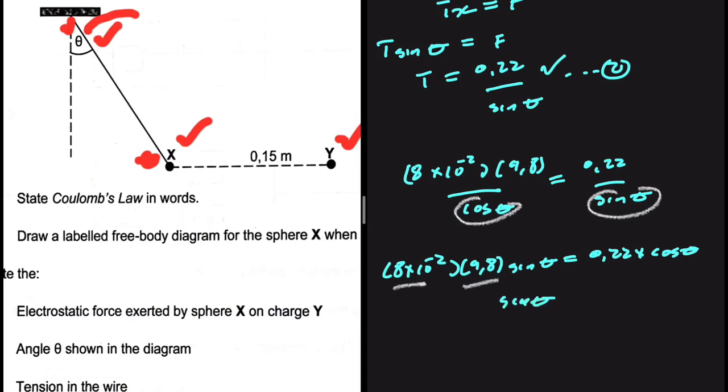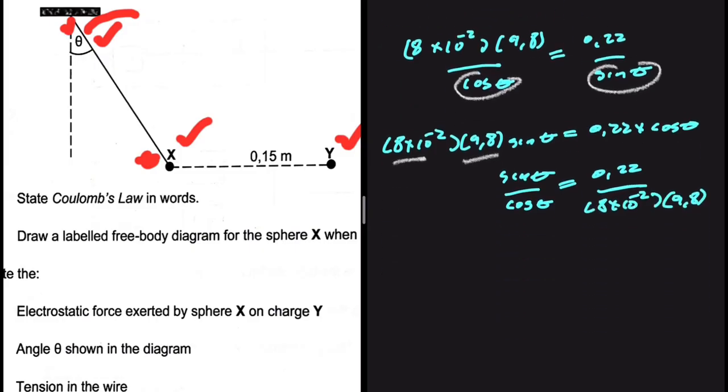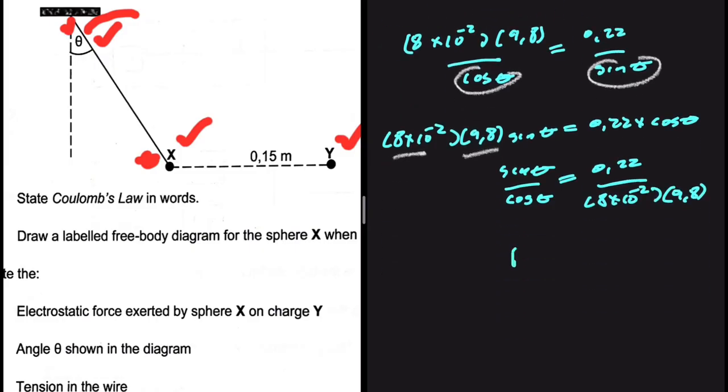Sine of theta divided by cos of theta is equal to 0.22 divided by 8 times 10 to the minus 2 multiplied by 9.8. Sine of theta divided by cos of theta becomes tan of theta, and this is equal to 0.22 divided by 8 times 10 to the minus 2 multiplied by 9.8.